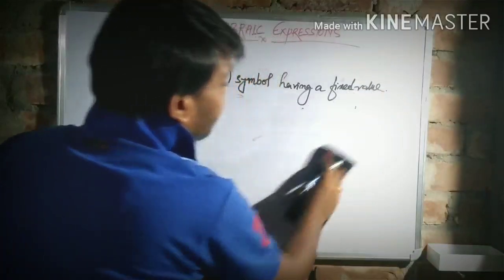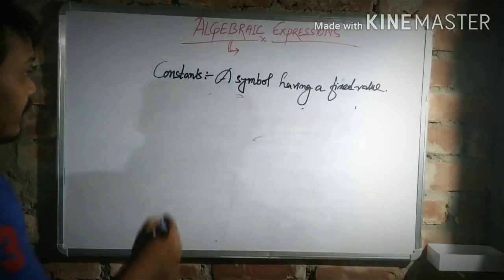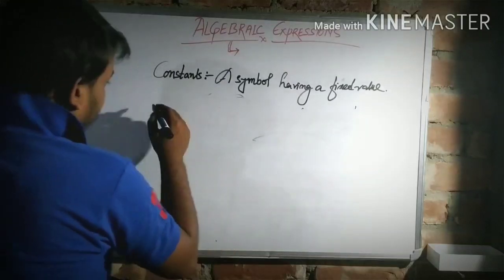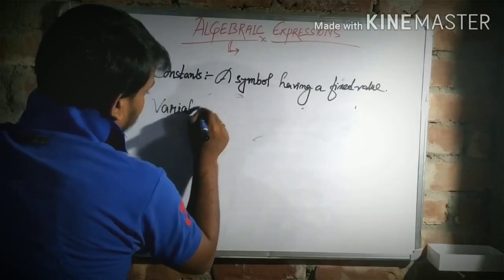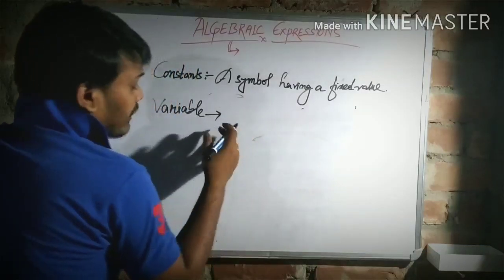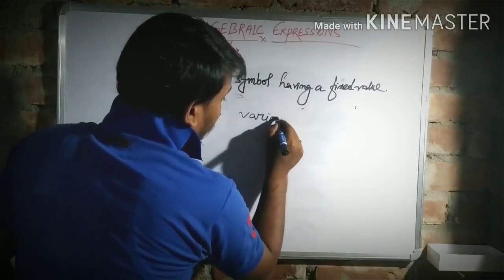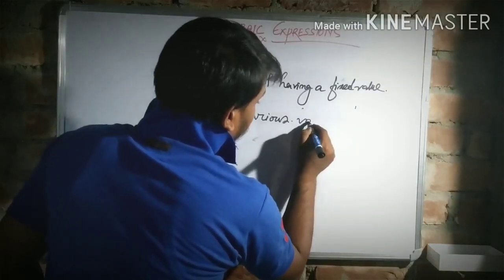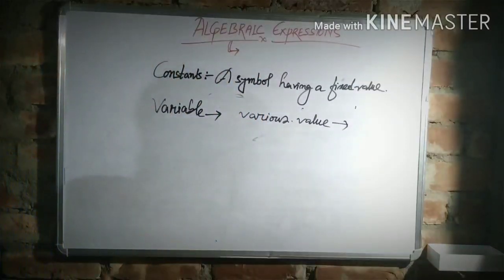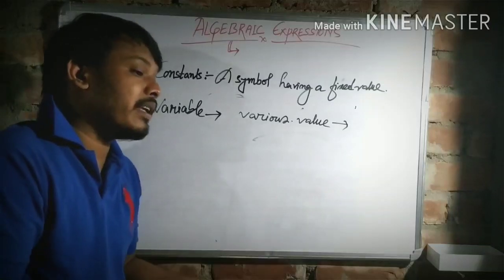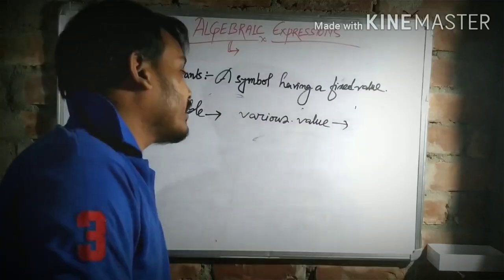But variables are the opposite of constants. Variable means the value may vary. A symbol which can give various values according to the situation.